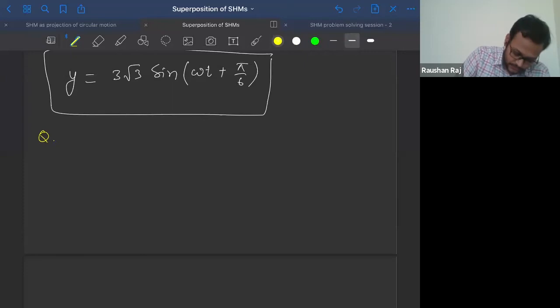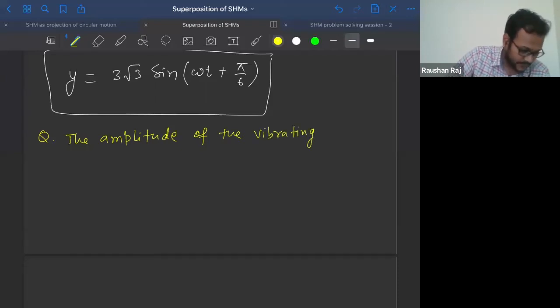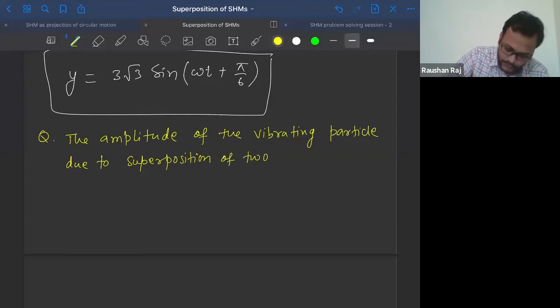Question: the amplitude of the vibrating particle due to superposition of two simple harmonic motions, y1 is equal to sine of omega t plus pi by 3 and y2 is equal to sine omega t.